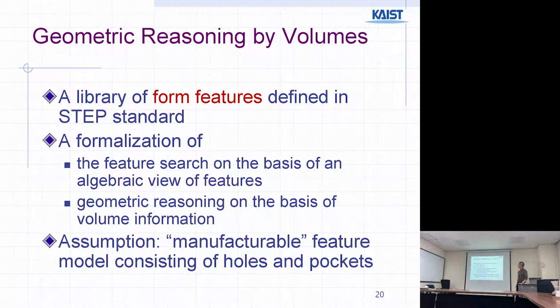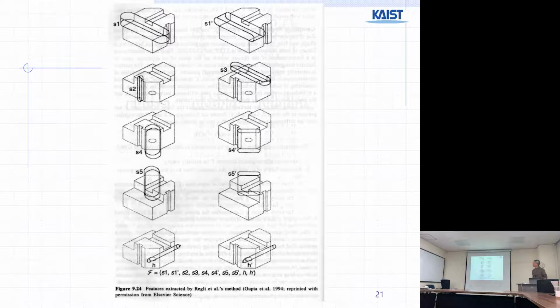It is a formalization of feature search on the basis of algebraic and geometric reasoning, so manufacturability of features is important for them. Manufacturability also depends on the facility itself, the machine itself, the machining machine. So it is a little bit complicated model here.